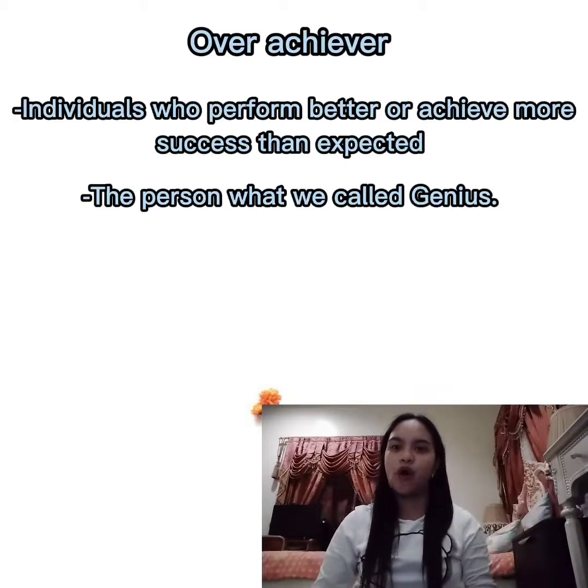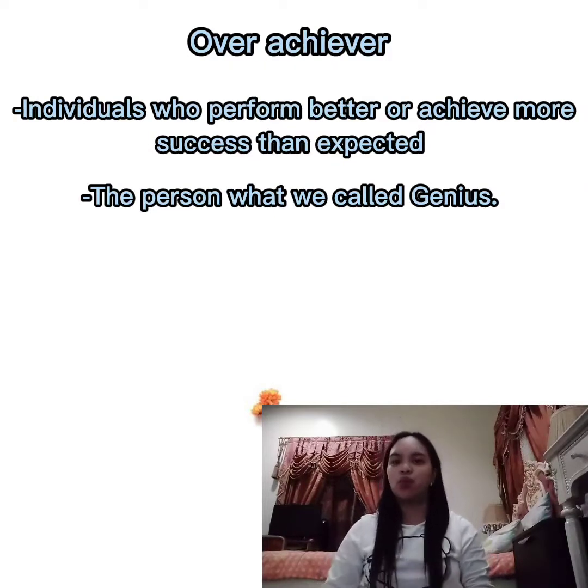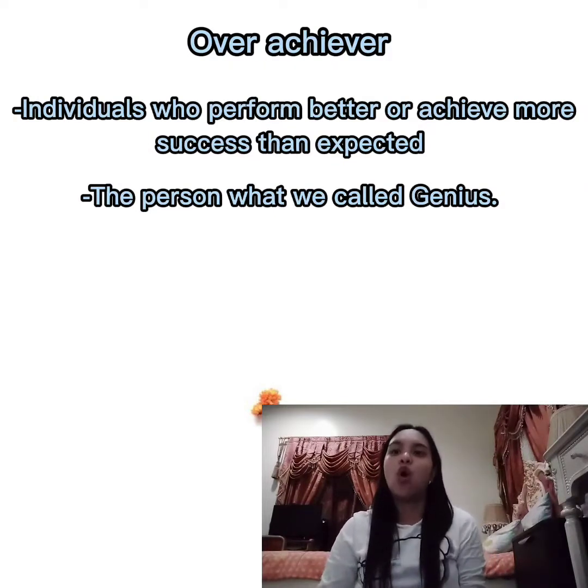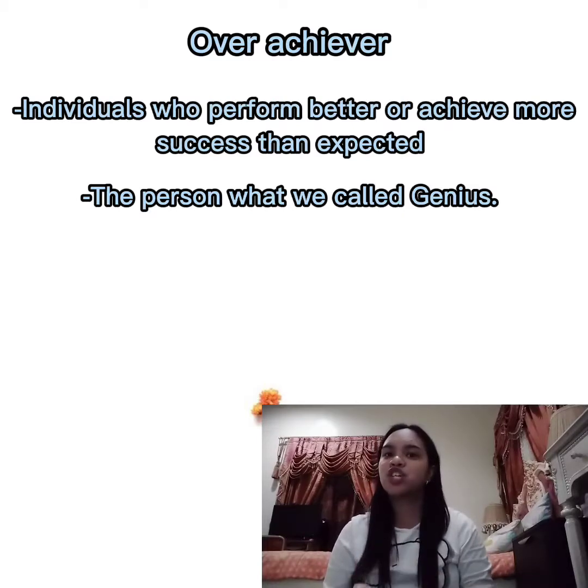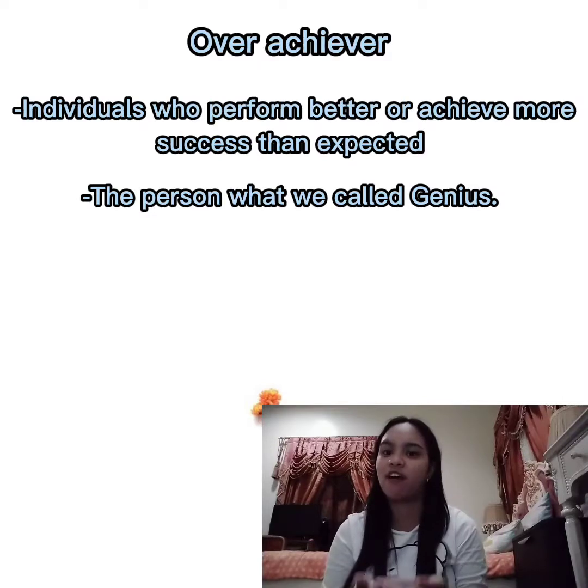The third topic is all about overachievers. Overachievers are individuals who perform better or achieve more success than expected. The implicit presumption is that the overachiever is achieving superior results through excessive effort.